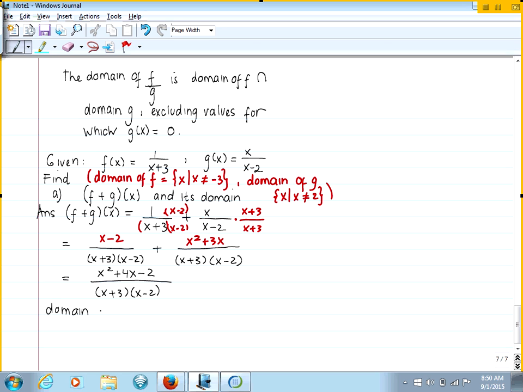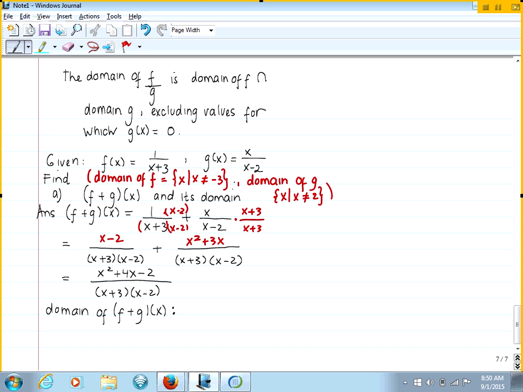Now its domain. So what is the domain of f plus g of x? So what is the intersection between the domain of f and the domain of g? What does f say? Which one do we exclude from f? -3.